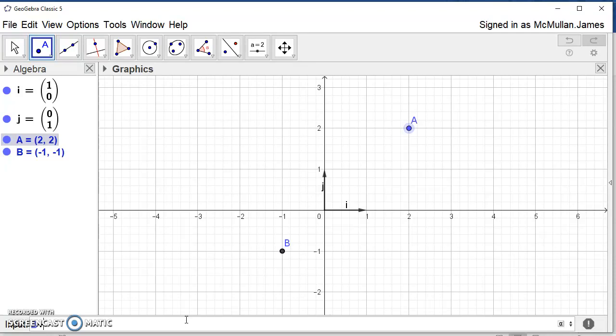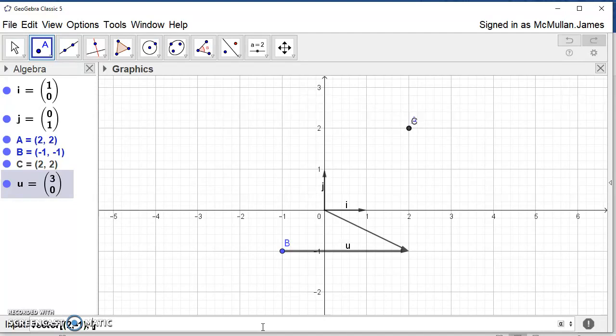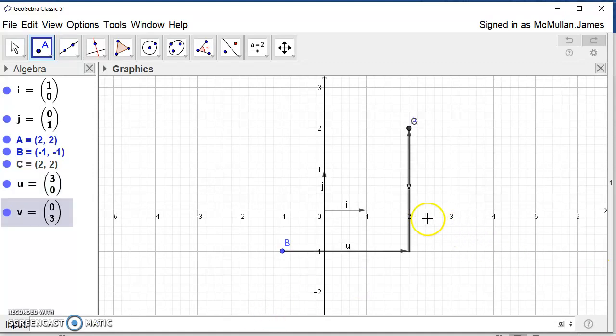If I start at B and add 3i and then add 3j, I arrive at vector C. So let's just say vector B is 2, -1. So there, that vector is 3 i's, and then this vector from 2, -1 up to point C, excuse me, this vector is moving 3j. So it's clear that I can get from B to any point on this plane by adding some combination of i and j.